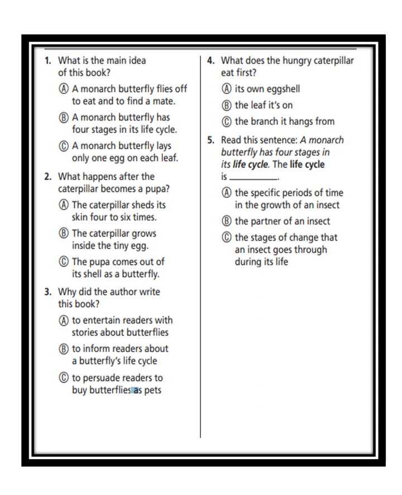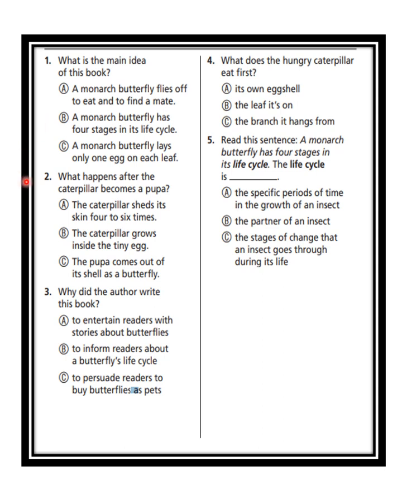Was it about a butterfly flying off and finding its mate? Was it about the stages of the life cycle of a butterfly? Or was it about a butterfly laying eggs on 1 leaf? What do you think? If you said B, you are absolutely correct. This entire book was about the 4 different stages of a butterfly.